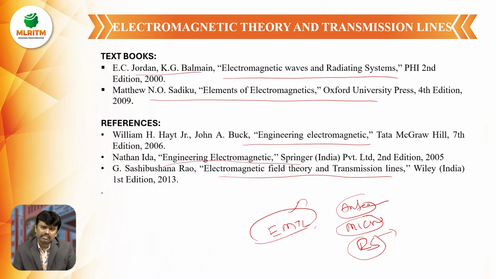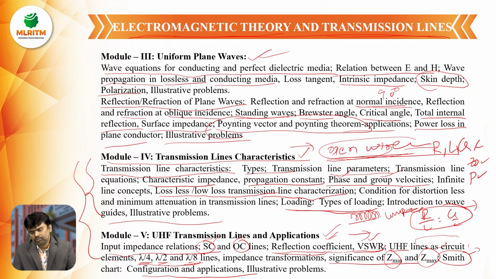So this is the basic course to understand the various advanced courses. It covers the main modules of electromagnetics, electrostatics, magnetostatics and transmission lines. Okay, these are the main course objectives and course outcomes of the course Electromagnetic Theory and Transmission Lines.